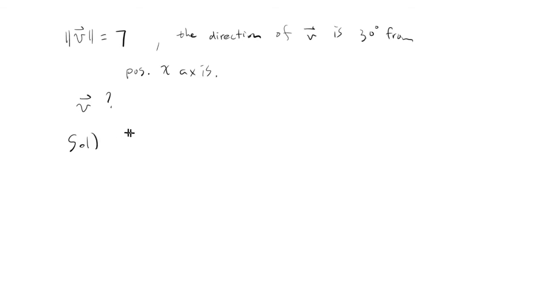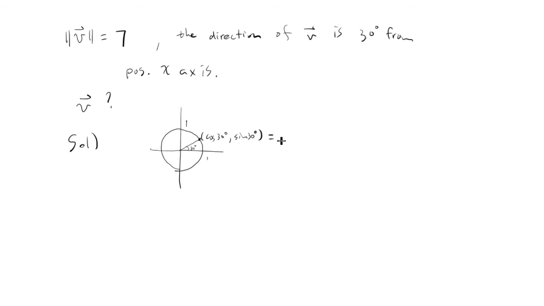And the solution would be to just simply use the fact that if you have 30 degrees, you can think of the unit circle. And the unit circle, when you have 30 degrees, has cosine 30 degrees, comma sine 30 degrees as the point on the unit circle, right?